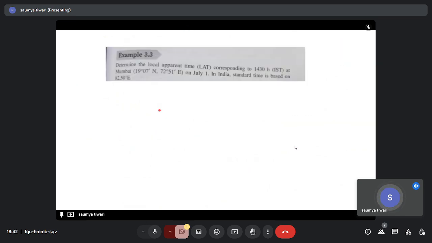Now this is the next question. Determine the local apparent time corresponding to 14:30 hour Indian Standard Time at a location of Mumbai on July 1st. In India, standard time is based on 82.50 degree east, which is passing through Prayagraj, right?